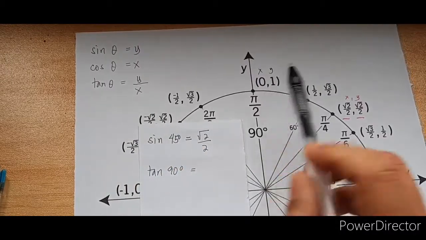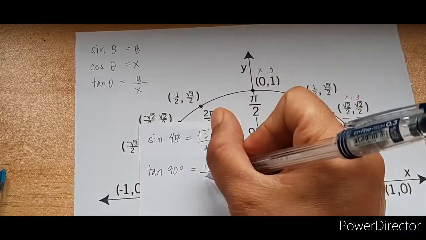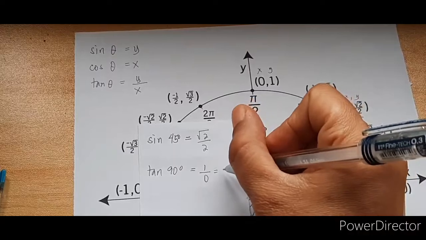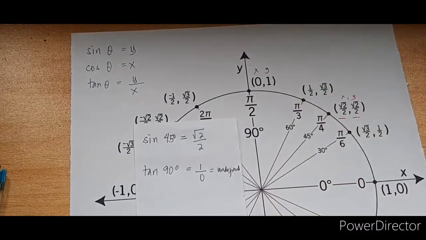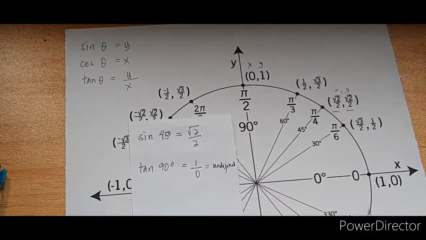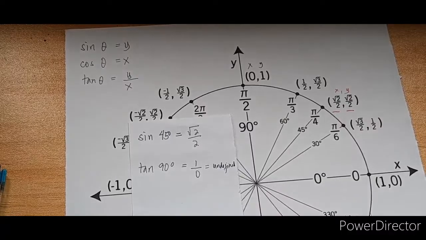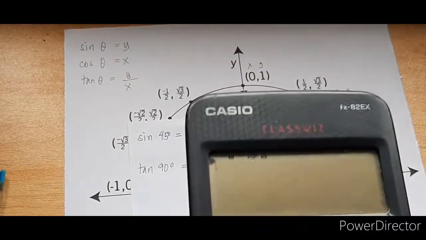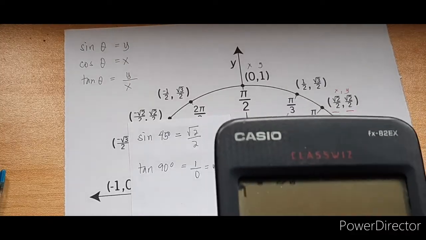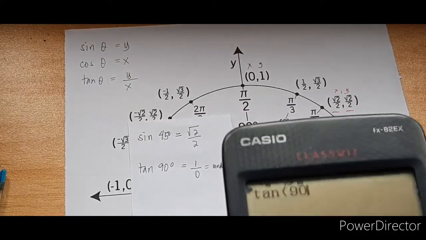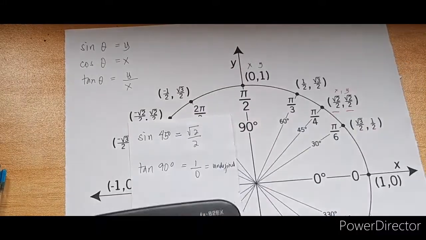So, our y is 1 over our x is 0. 1 divided by 0 is undefined. If we punch tangent 90 in our calculator, it gives a math error. So, undefined.